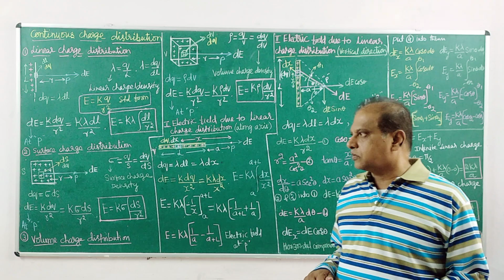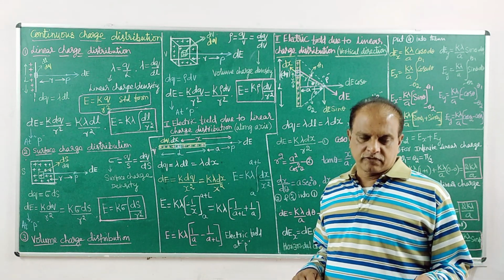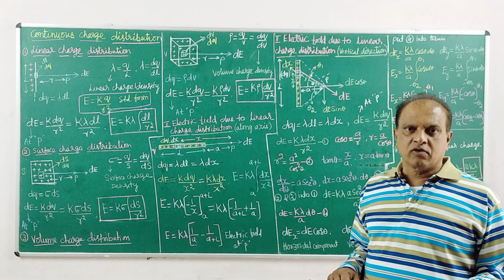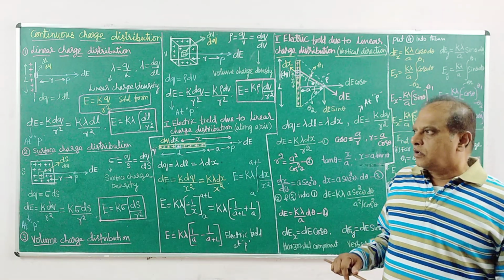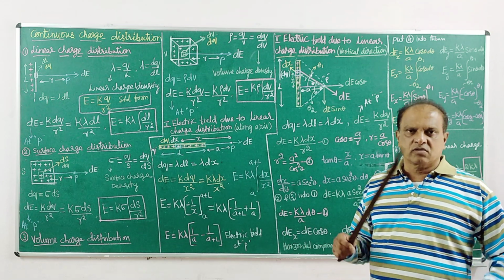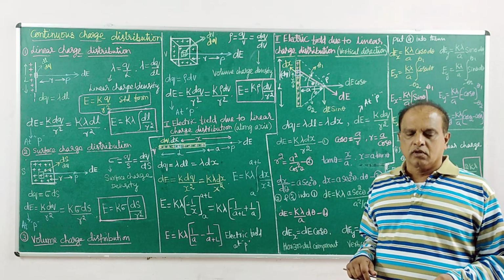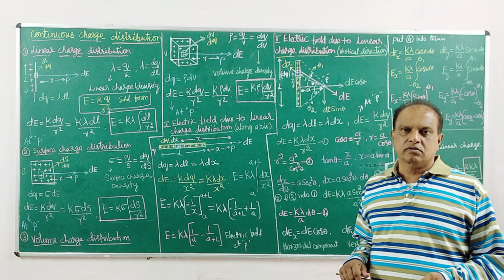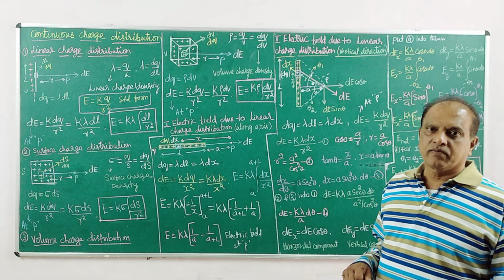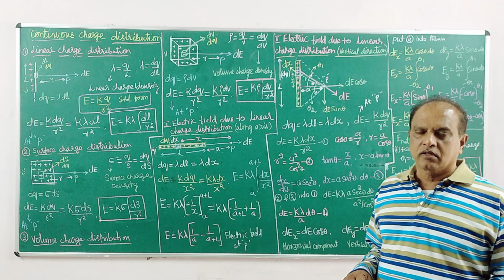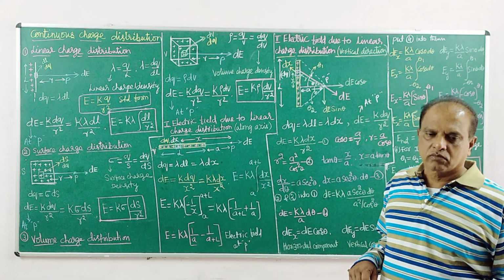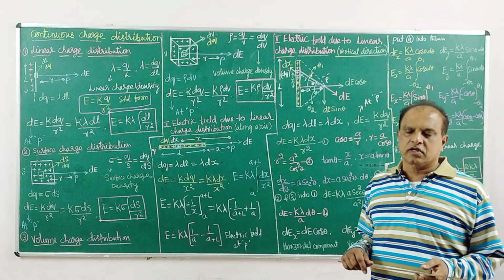The principle of superposition, as we know, is applicable for a finite number of charges. A system of multiple charges, a countable number of charges, where the net electric field is a vector sum of all the charges.